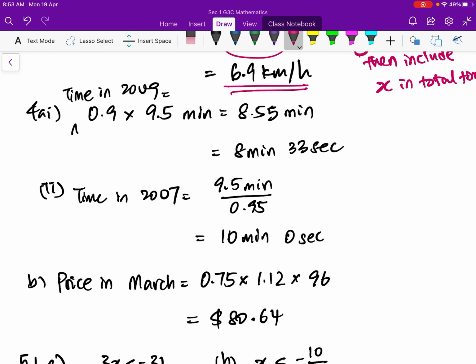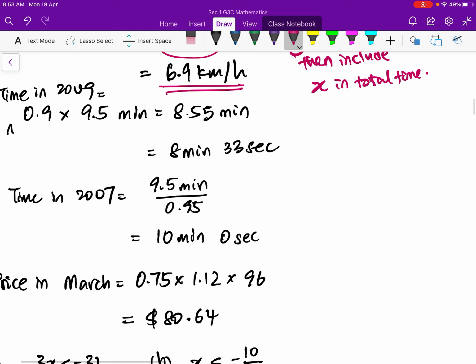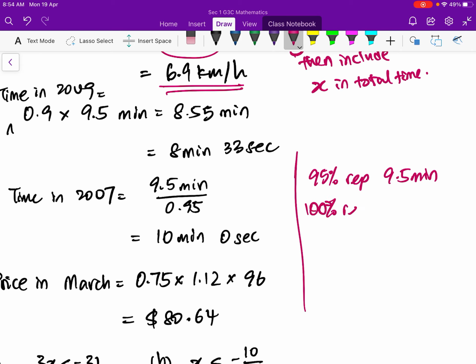You just divide by 0.95. If you want to write everything out in the same format that I always use, it will look like this. 95% represents 9.5 minutes. 100% represents, so 9.5 divided by 0.95, and you get 10 minutes.